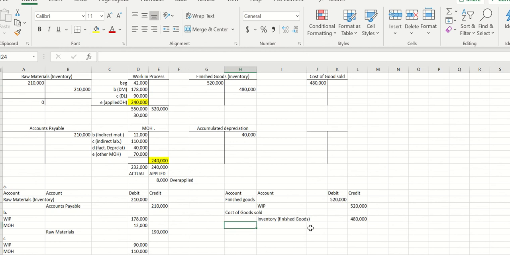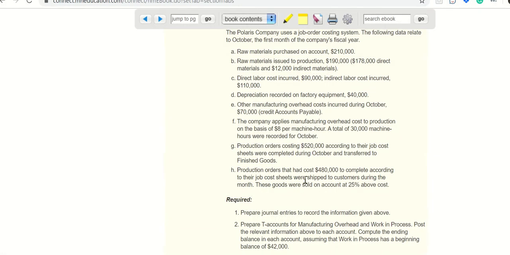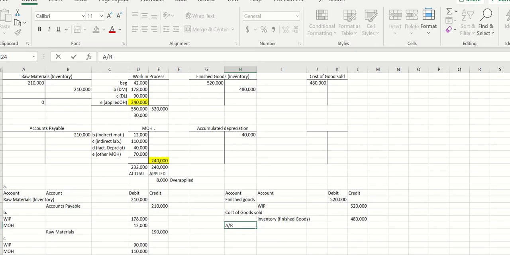Remember, we're going to make, and it said it was on account, right? It said goods were sold on account. So we're going to have a receivable, and it's 25% above cost. So I would think that you could do 100% of cost plus an additional 25%. So let's do 100% plus another 25% times the cost.